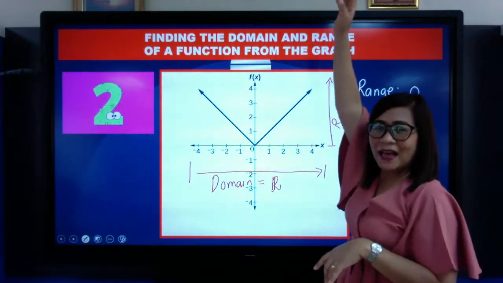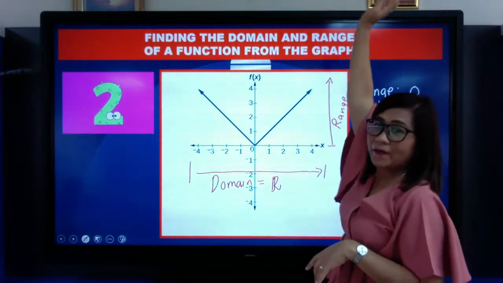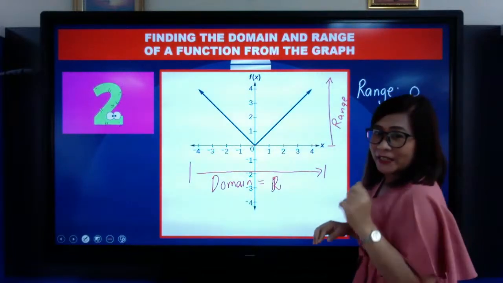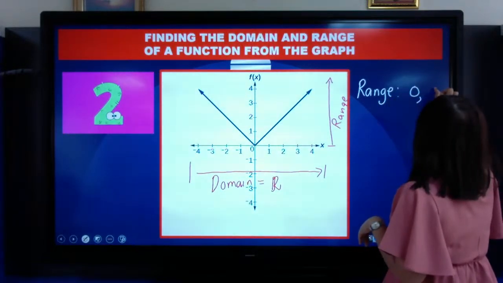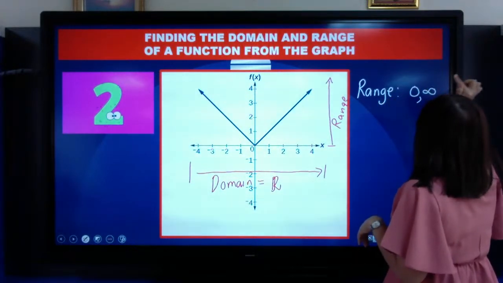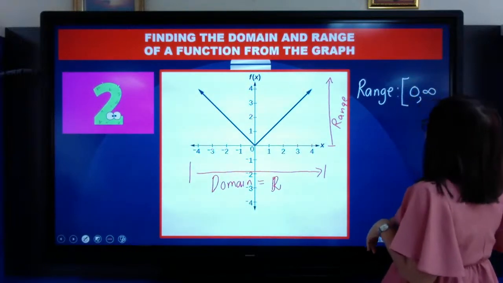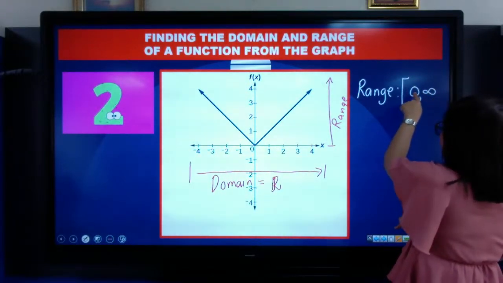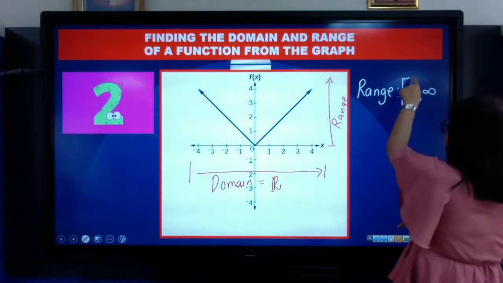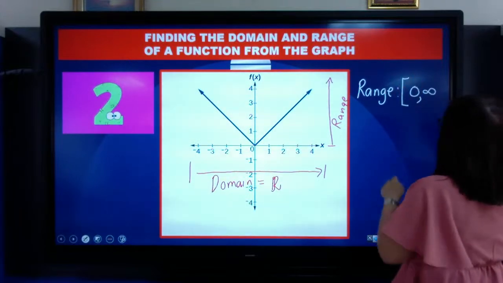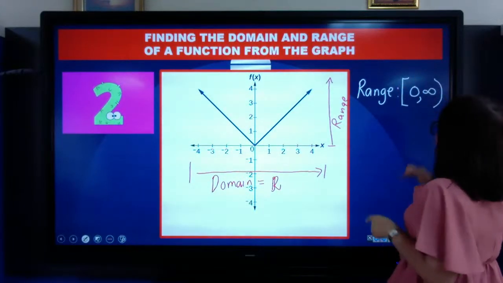It extends up to the sky, to the heaven above. So what is the highest? We don't know, right? So 0, comma what? Infinity. So this is a closed interval, meaning 0 is included. It's called closed interval and open interval.